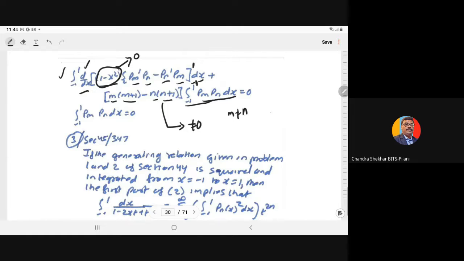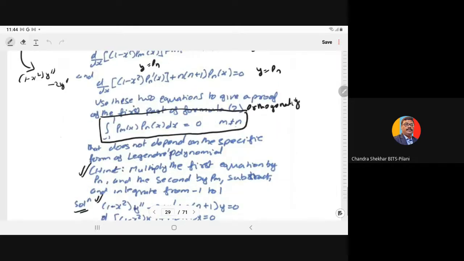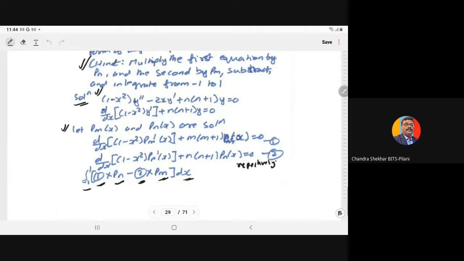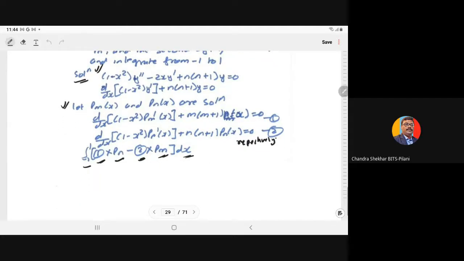Pm and Pn both are Legendre polynomials, not constants. Just we are multiplying this.